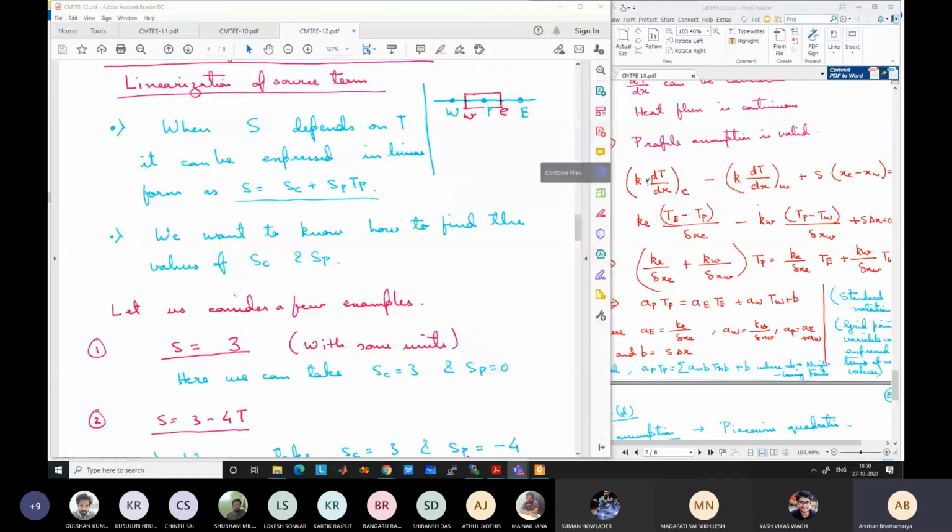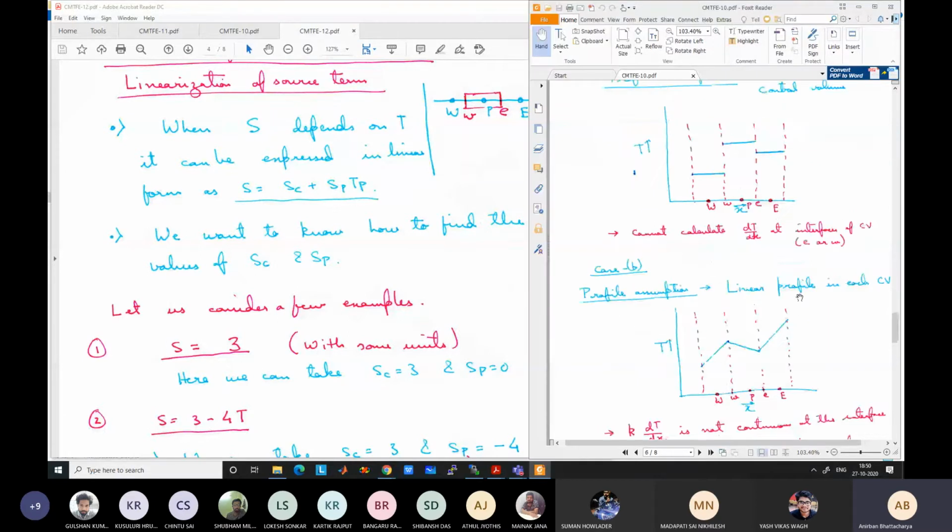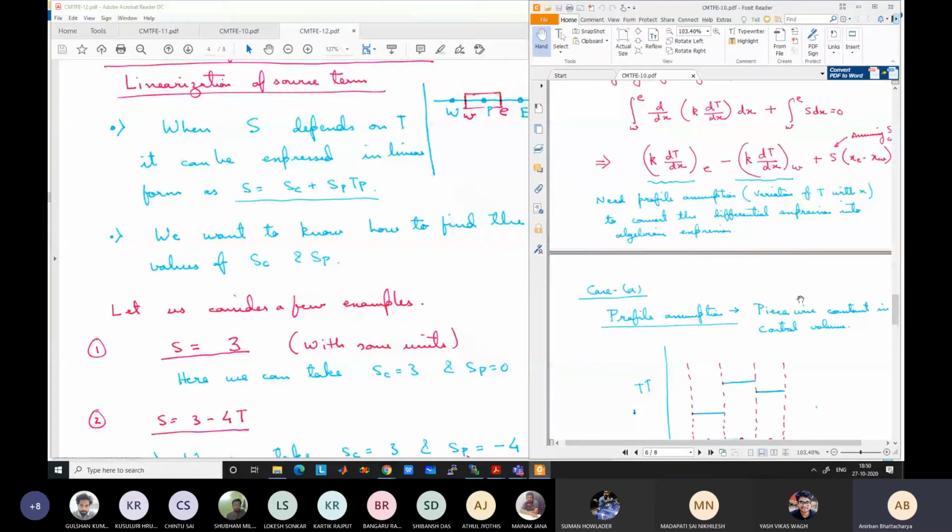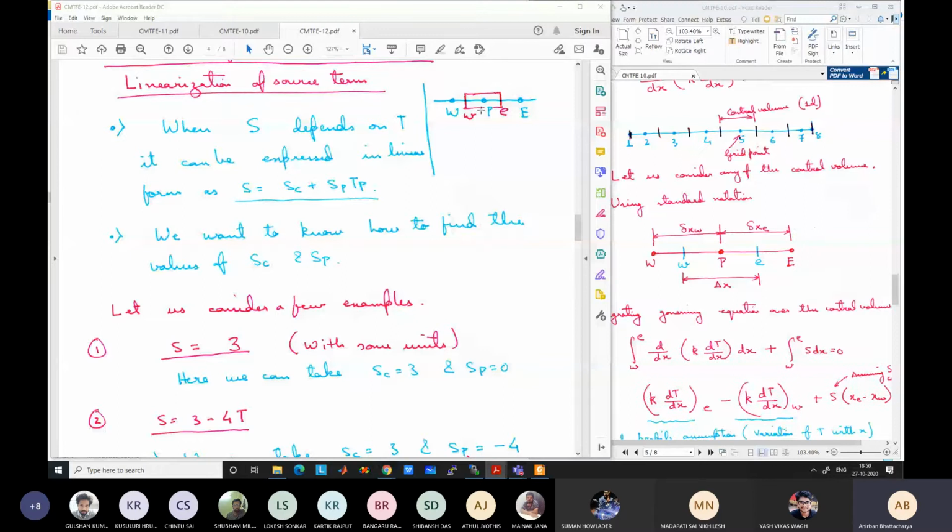Remember that this is our grid point P. The control volume goes from small west to small east. It's a 1D control volume, although I have drawn it like 2D. The source terms SP and SC are for this control volume. Whatever we are discussing is for a single control volume.